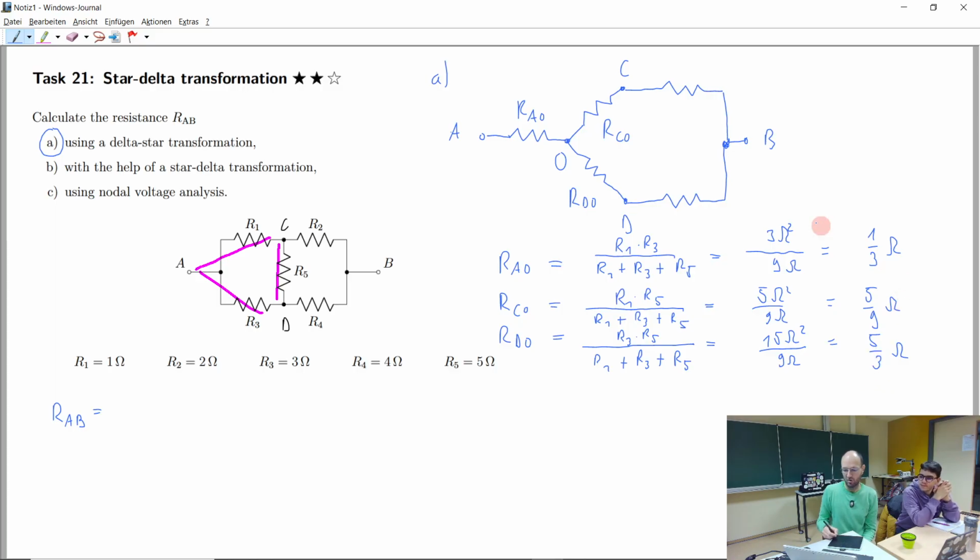Okay, so now we know these equivalent resistances, or the corresponding resistances in the star circuit, and usually in the star circuit they are smaller.